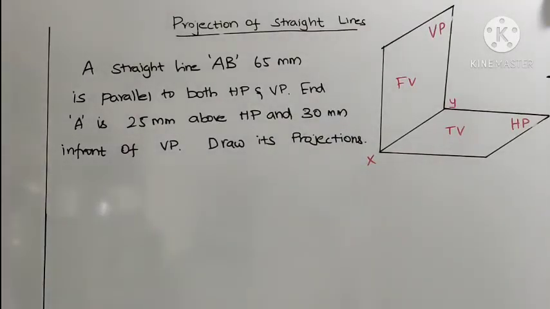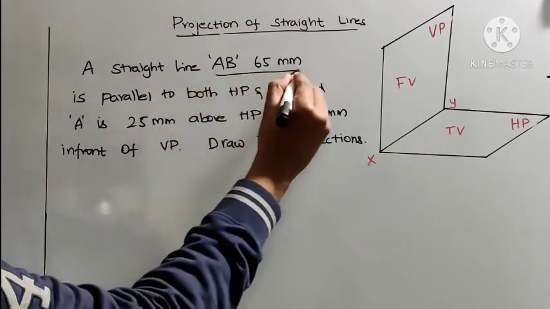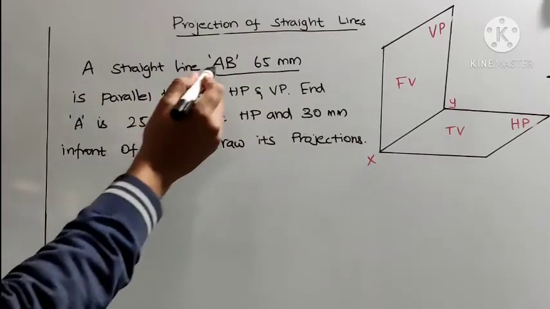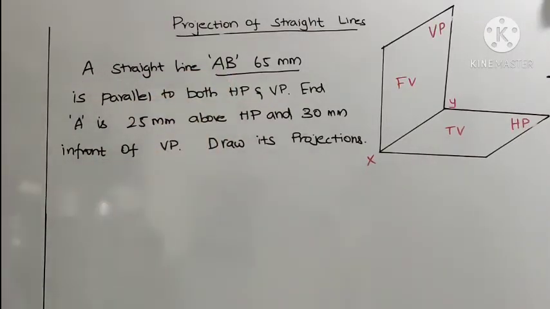So this is the question. If you look at it, the length of the line is given. A straight line AB, written with capital letters, is the original line. That means the true length. So this 65 denotes the true length of the line.